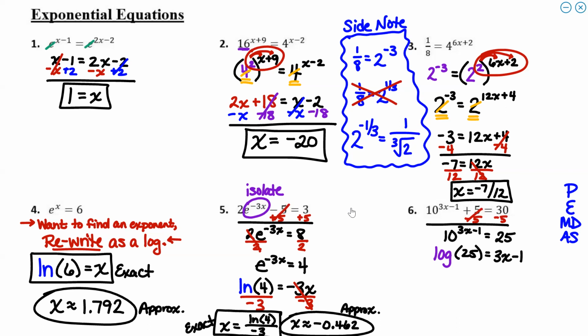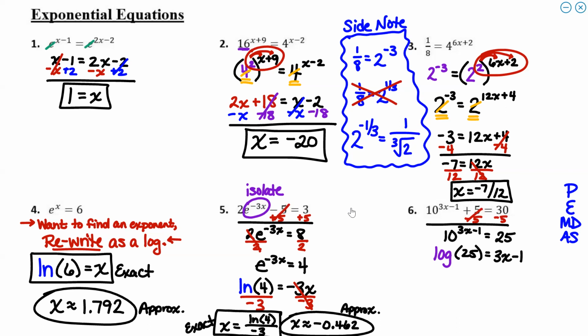Log base 4 of 14 equals 2x plus 3. Can I put log base 4 of 14 into my calculator? No. So what can I do to this right here so that I can evaluate it in my calculator?